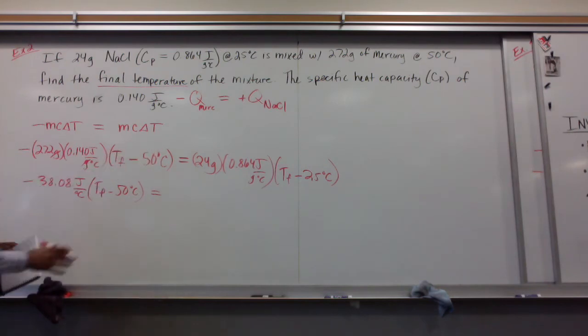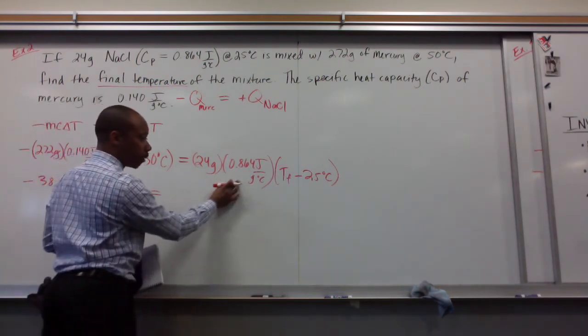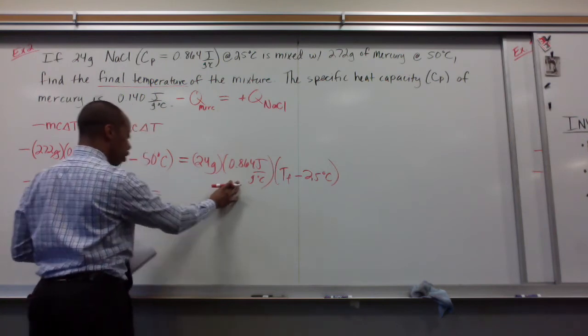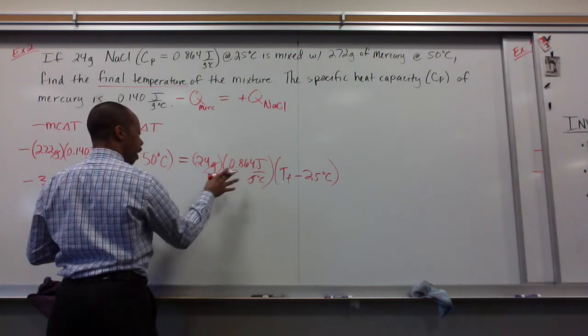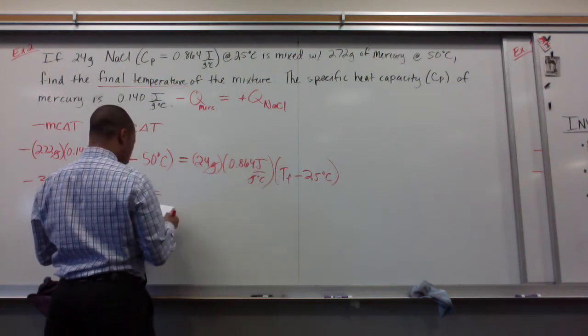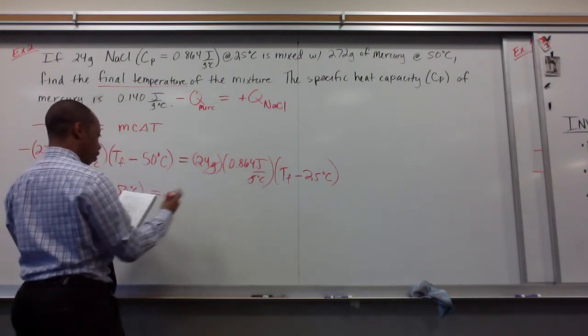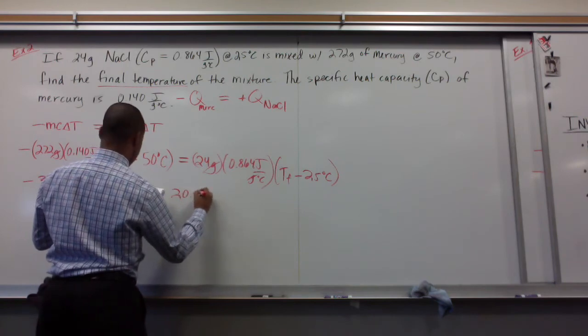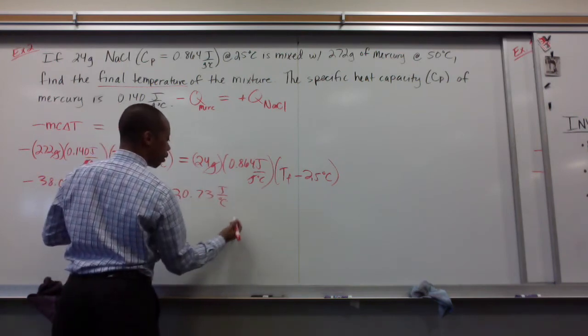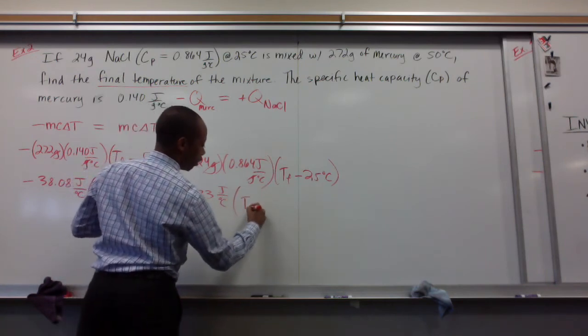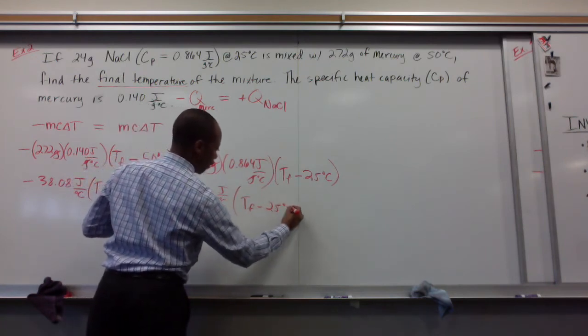And I'm going to simplify on this side as well. 24 grams times 0.864 joules per gram degree Celsius. My grams cancel out. And I'm going to multiply those two together, and I will get 20.73 joules per degree Celsius times TF minus 25 degrees Celsius.